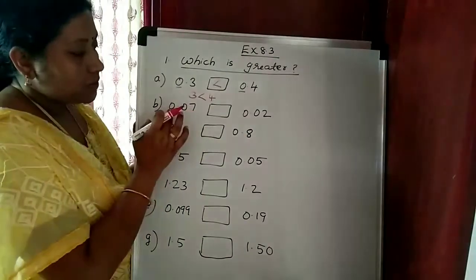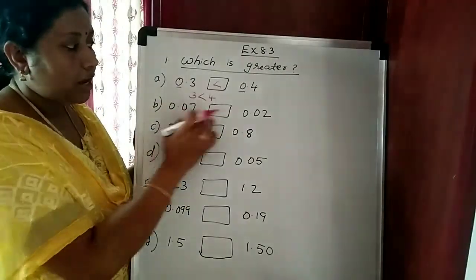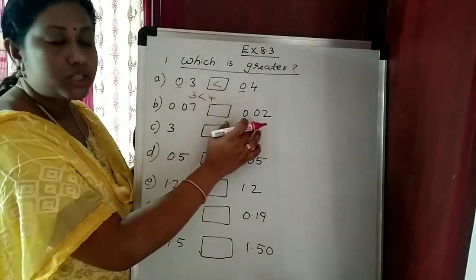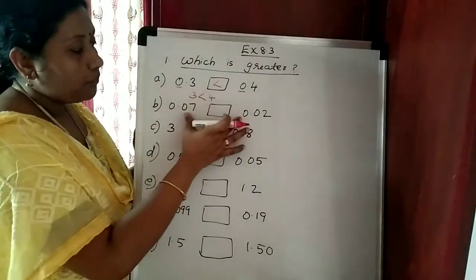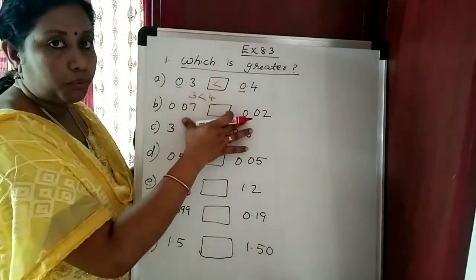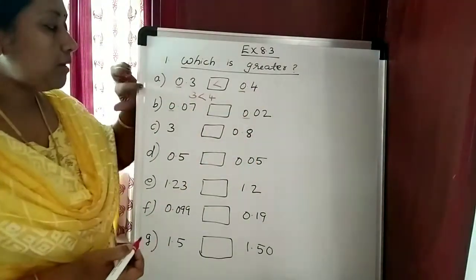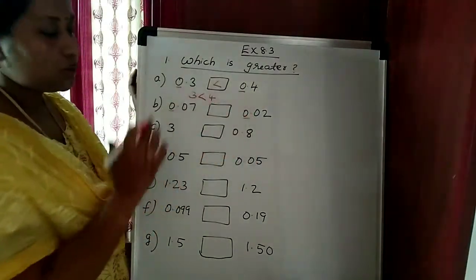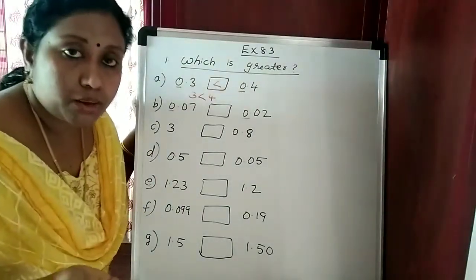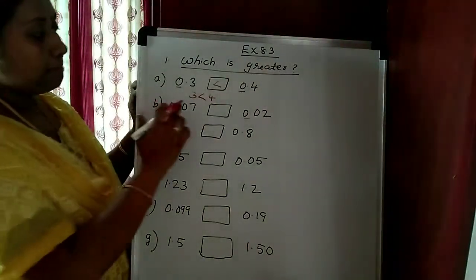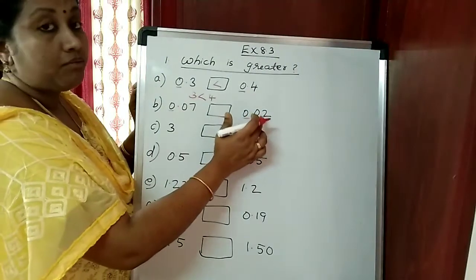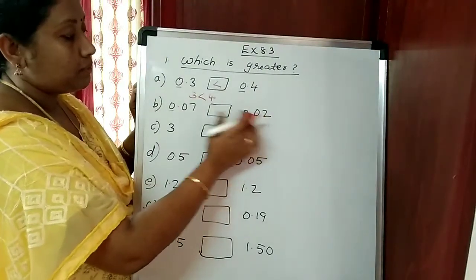Okay. Then our question number B. Here also the first number is 0.07 and the second one is 0.02. Here also the whole number parts, both integral parts, are same. Here 0, here also 0. Then what is our next step? Yes, you compare the decimal part.